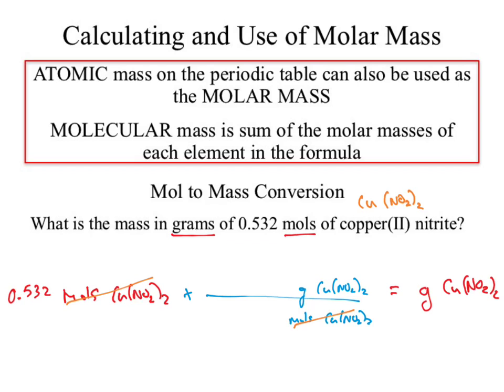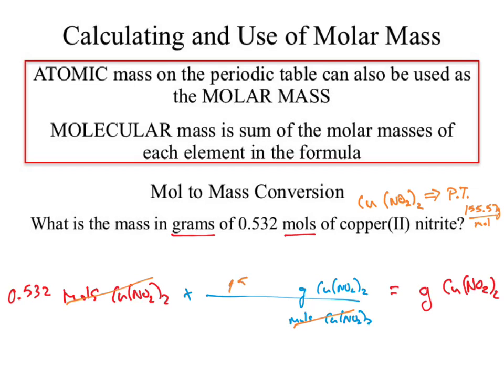And where's that molar mass found? In our periodic table. So we would have to determine the molar mass for copper 2 nitrite, which we literally just did. 155.57 grams per mole.